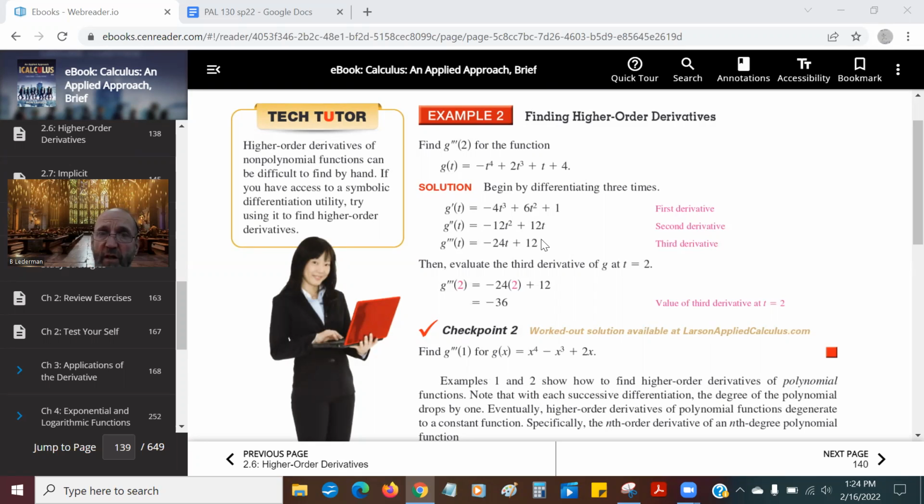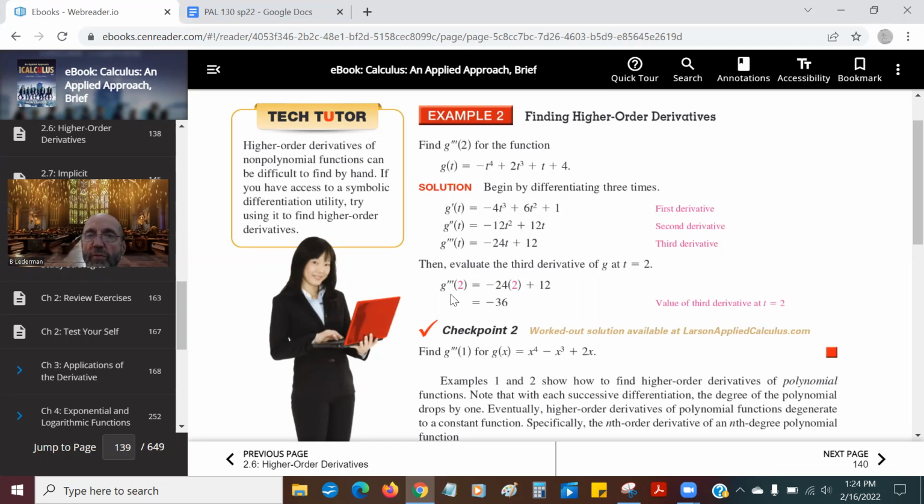And now they want us to find g triple prime of 2. So now that I got down to g triple prime, which is this last guy right here, I just have to plug in 2 for t.